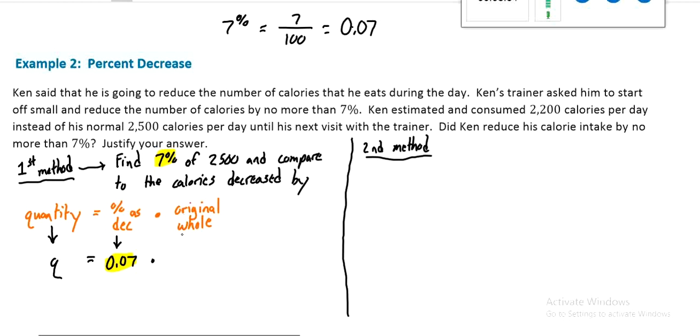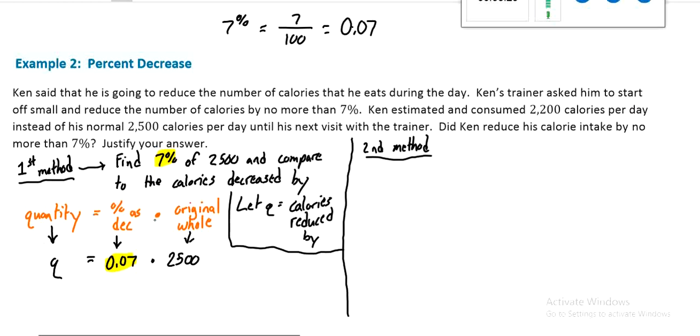Multiplied by, now the original whole number is 2,500. Okay, now one more thing I probably should have done before, I should have written a little statement saying let Q equal the calories reduced by, because again, they said that he's reducing it by no more than 7%.